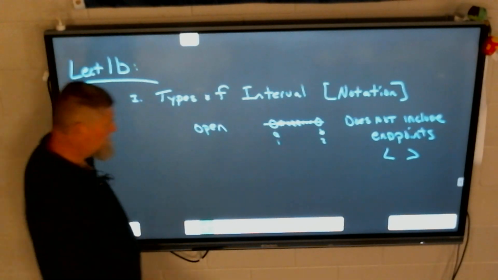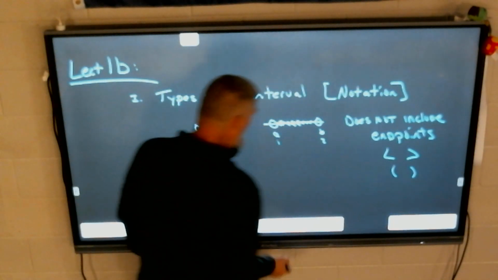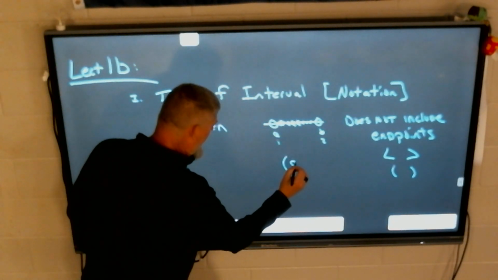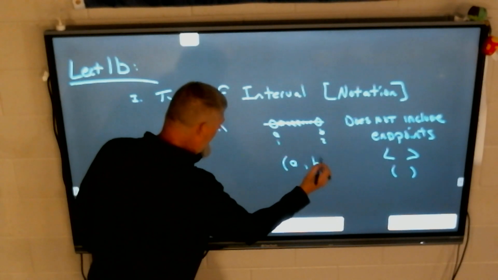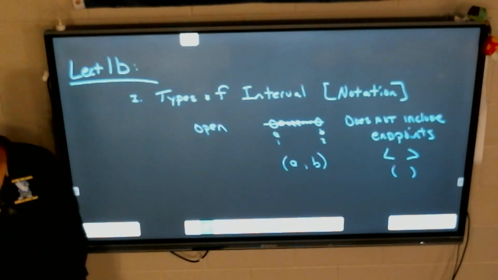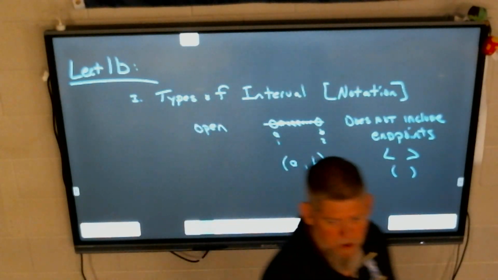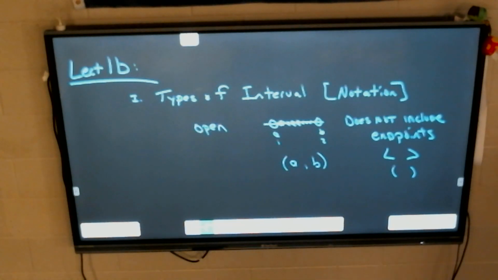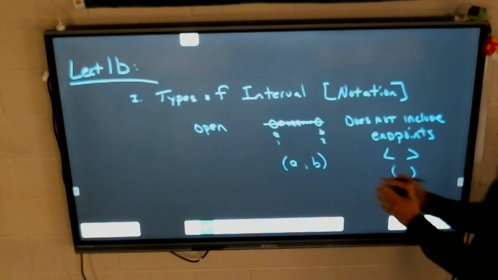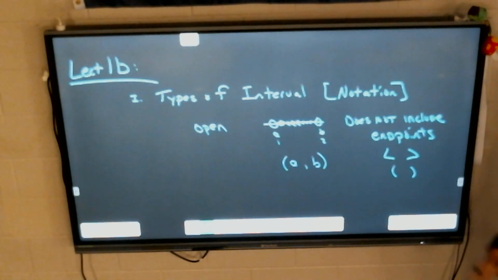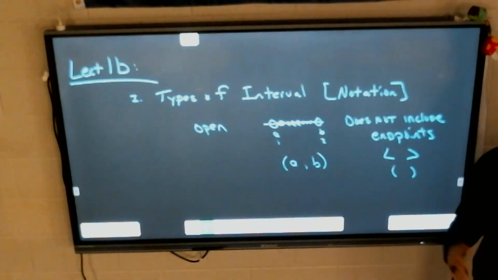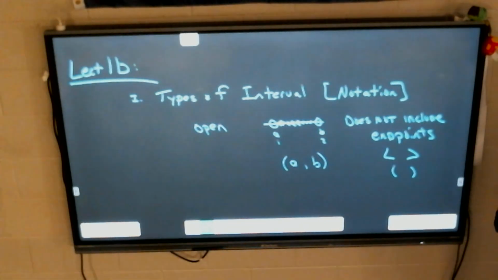No, it's a parenthesis. So I would call this interval (A, B). And it does look a lot like an ordered pair, and we're going to differentiate by the context of the problem as to whether it's an interval or an ordered pair. If I'm talking about a graph or an XY axis and a point, it's an ordered pair. If I'm talking about a function, it's probably going to be an interval. Okay? So an open interval does not include A or B. Okay?